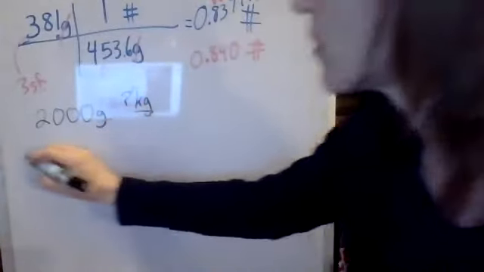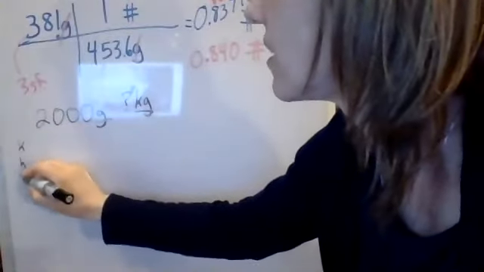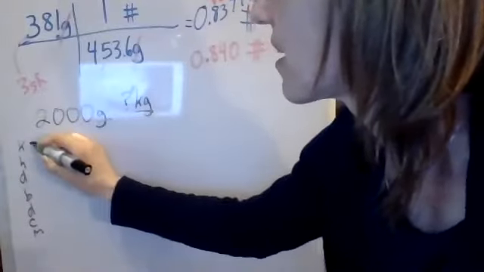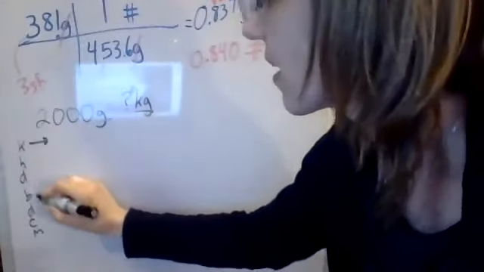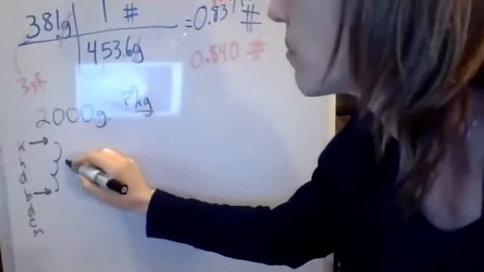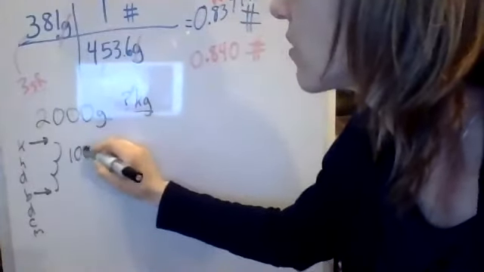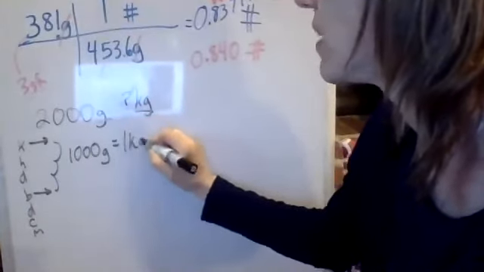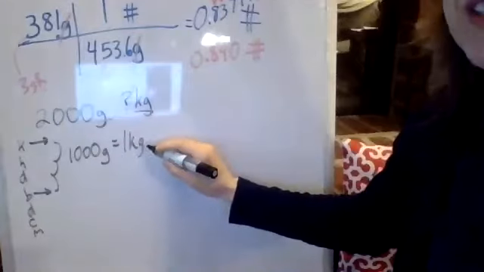So if we remember, King Henry doesn't bother drinking chocolate milk. Here's kilo. Here's our basic units. 1, 2, 3 jumps. So there are 1,000 of the little guys, which are the grams, in one of the big guy. This is our equality.